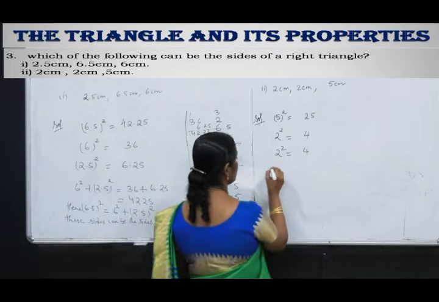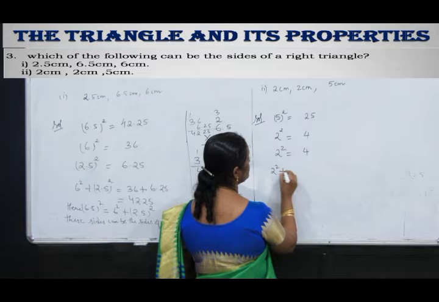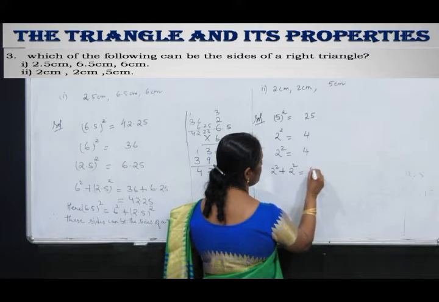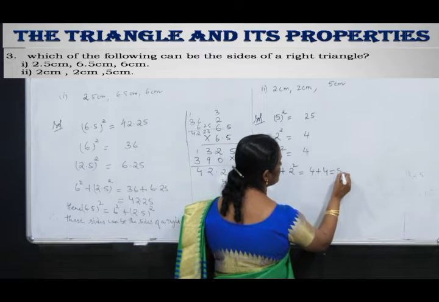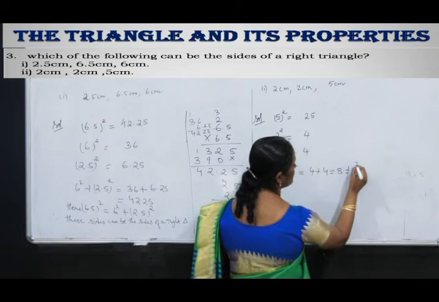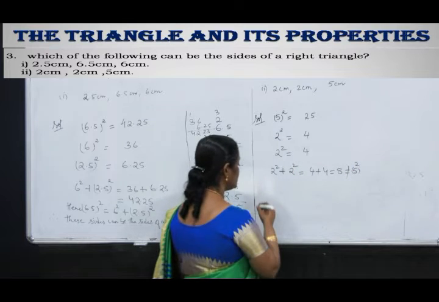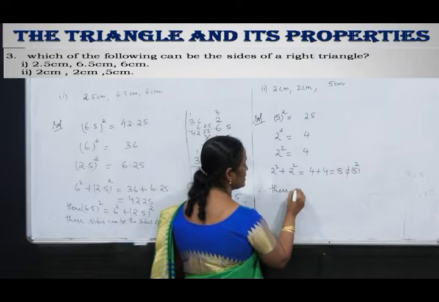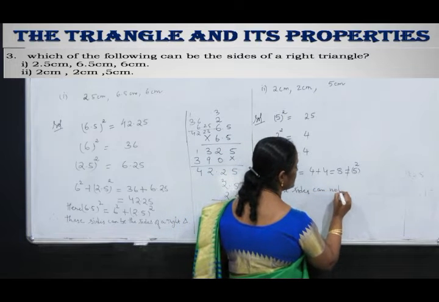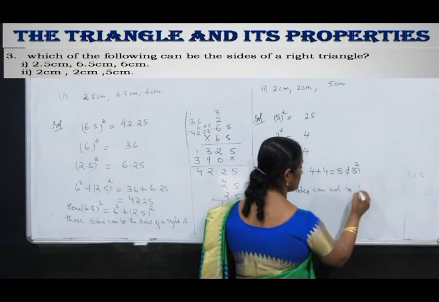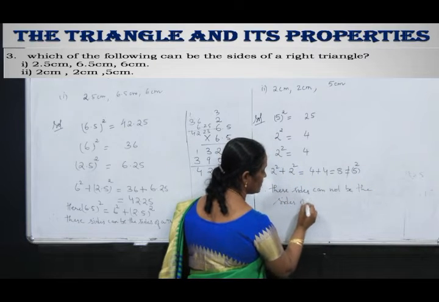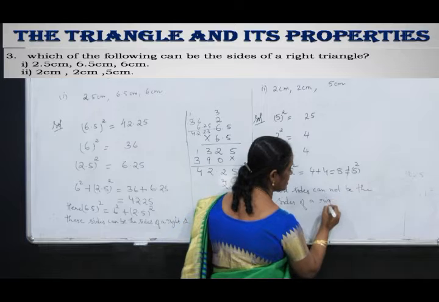Now here 2 square plus 2 square is equal to 4 plus 4, 8, which is not equal to the square of the third side, 5 square. Therefore, these sides cannot be the sides of a right triangle.